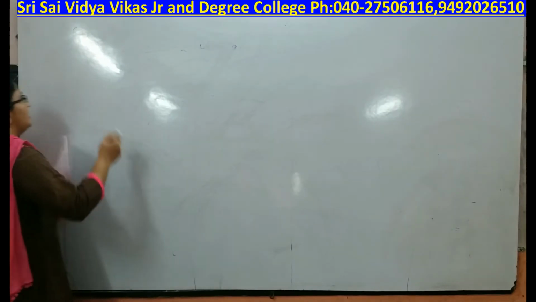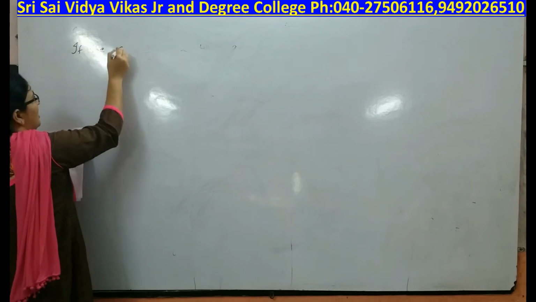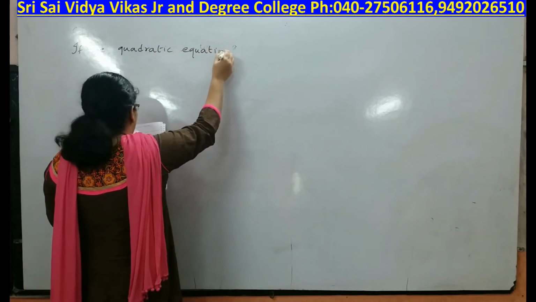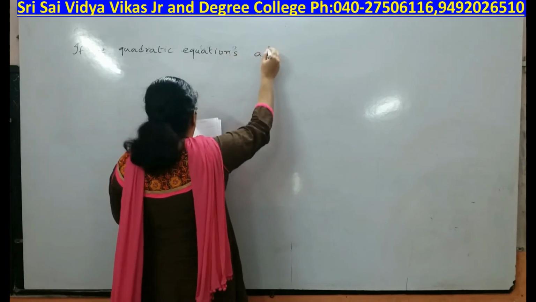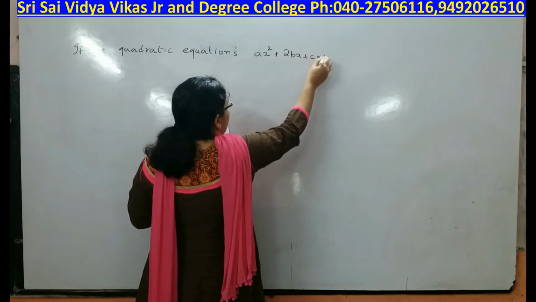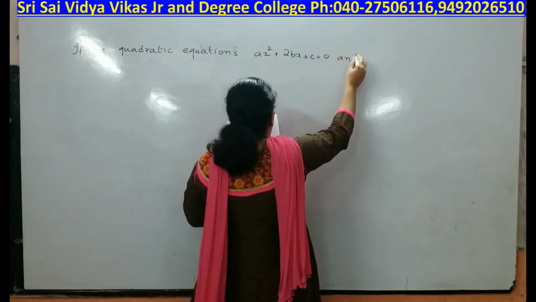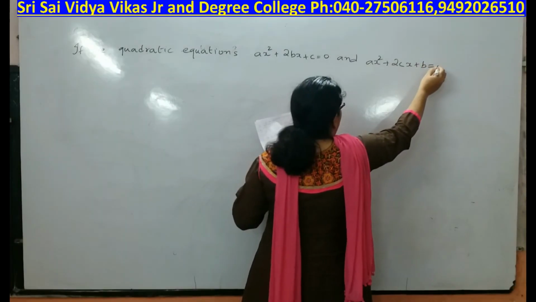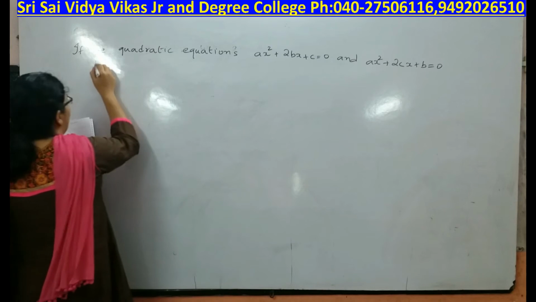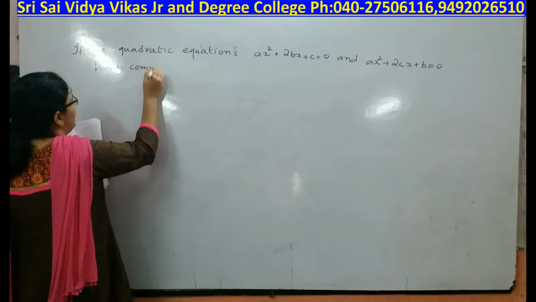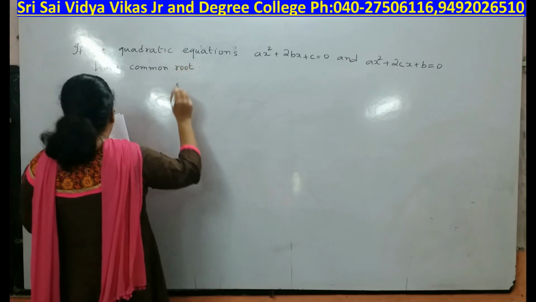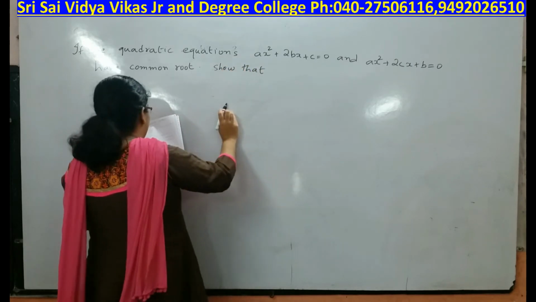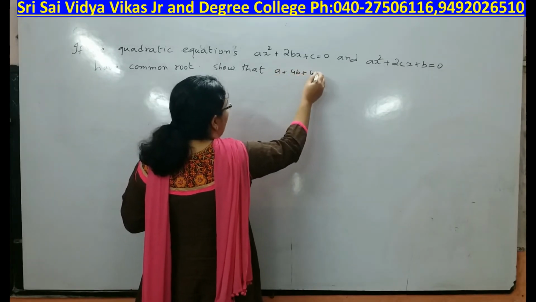If the quadratic equations ax square plus 2bx plus c is equal to 0 and ax square plus 2cx plus b is equal to 0 have a common root, show that a plus 4b plus 4c is equal to 0.